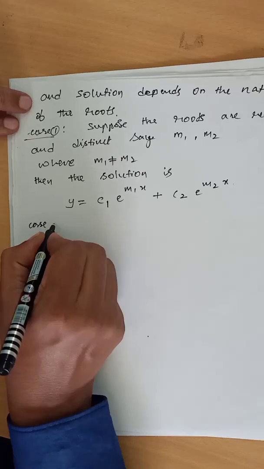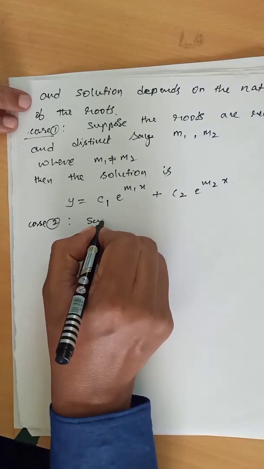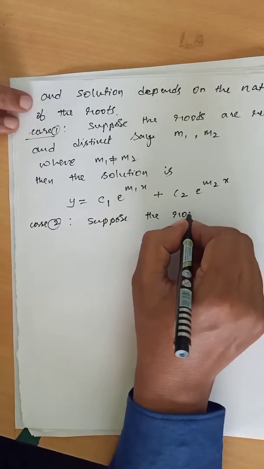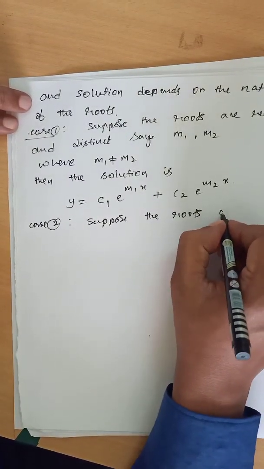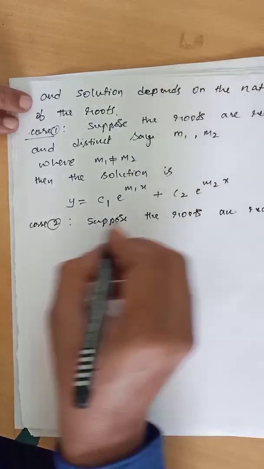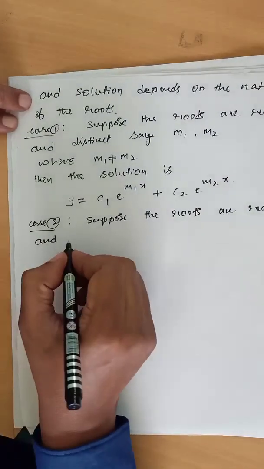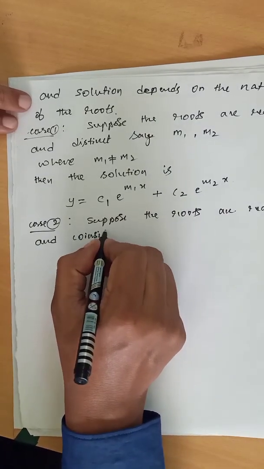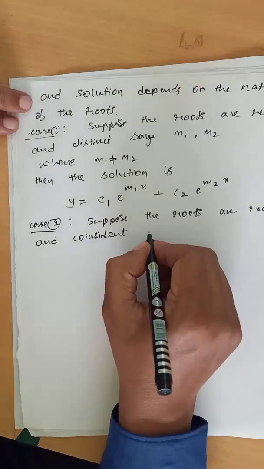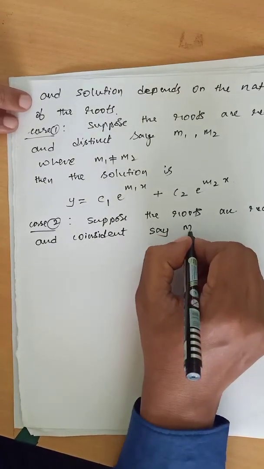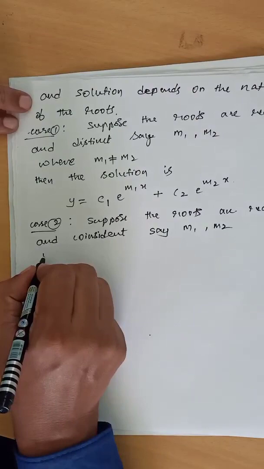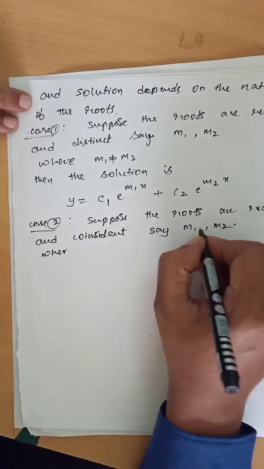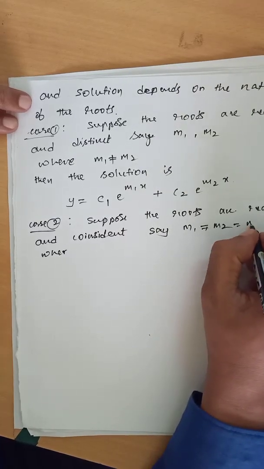Case number 2, suppose the roots are real and coincident, say m1, m2, where m1, m2 is equal, denoted by m.